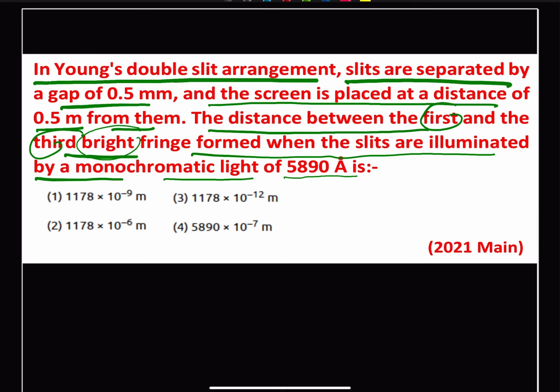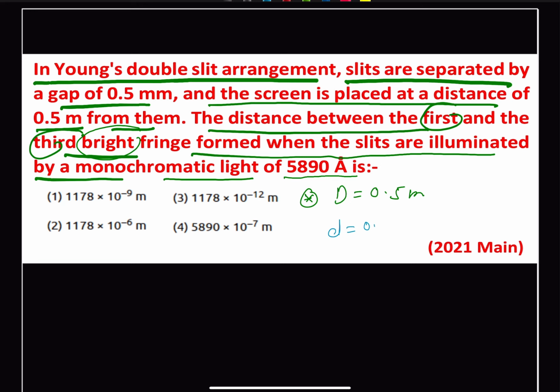And we are given the value of capital D, that is the distance between the slits and the screen. Capital D is given as 0.5 meter, and we are also given small d, that the gap in the slits is 0.5 millimeter.